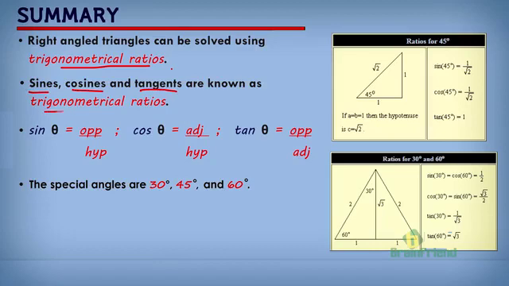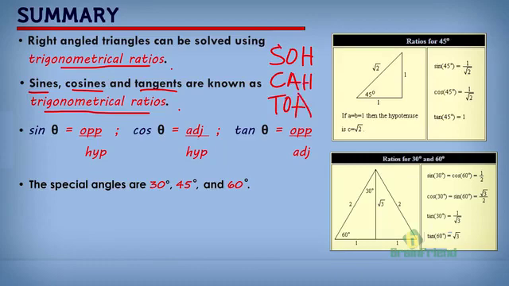These are known as trigonometrical ratios. We said sine theta is opposite over hypotenuse, cos theta is adjacent over hypotenuse, tan theta is opposite over adjacent. And we also learned about the acronym SOHCAHTOA for easy remembrance of the trig functions and the sides that are related to them.